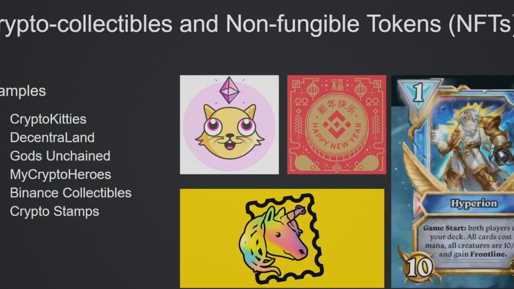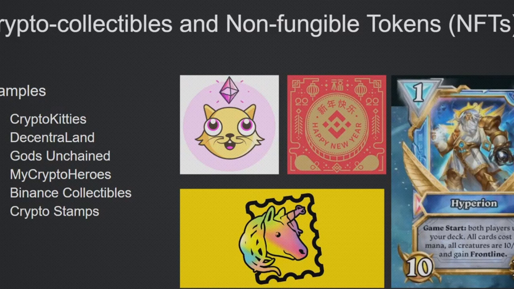Now let's move on to examples of projects that use NFTs. So you may have heard about CryptoKitties, which famously clogged up the Ethereum network with the high amount of transactions that it spurred at a certain point. It allows players to collect, breed, and exchange virtual cats that are, of course, NFTs.